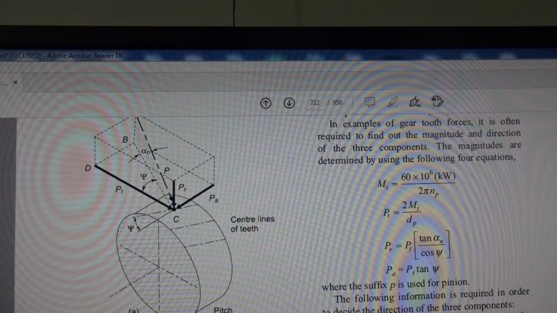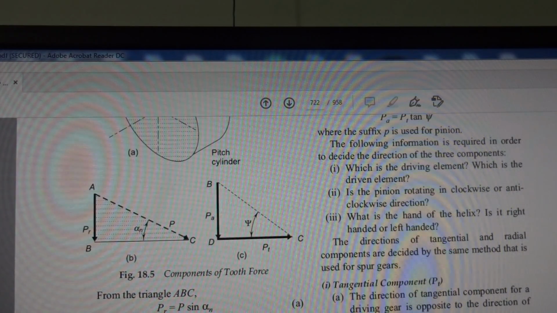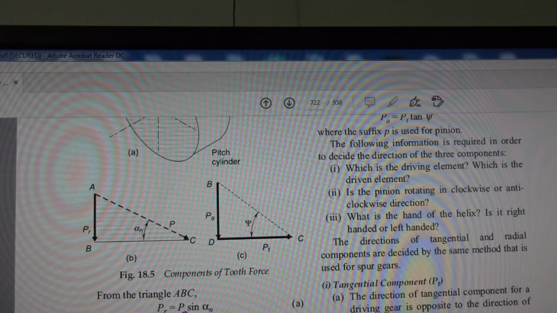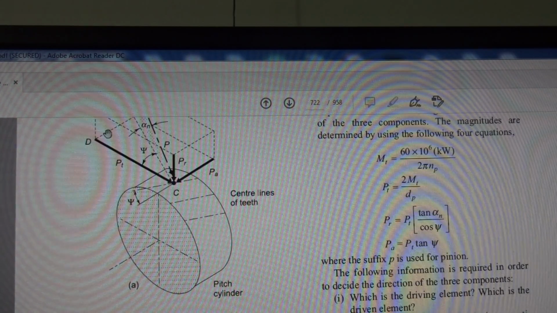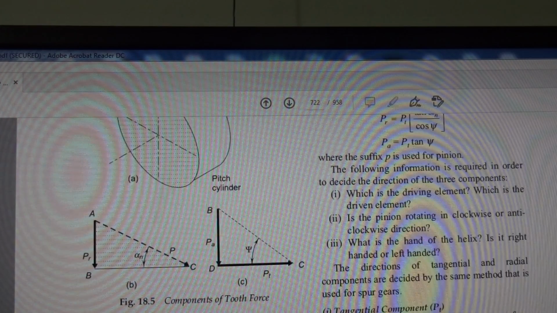Alpha n is the normal pressure angle. So you can get PR is equal to P sin alpha n. The second triangle is shown in this plane, where this one is PA, this one is PR, and psi is the helix angle.